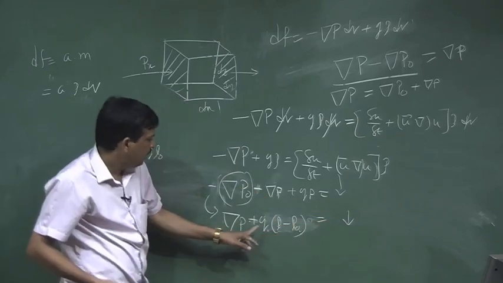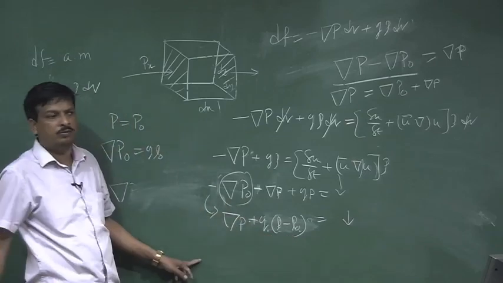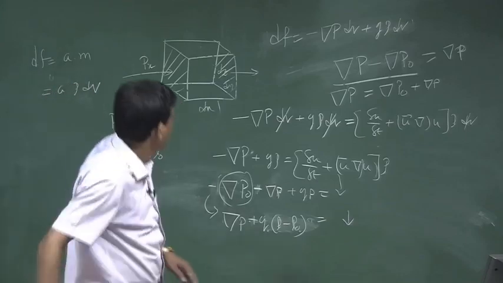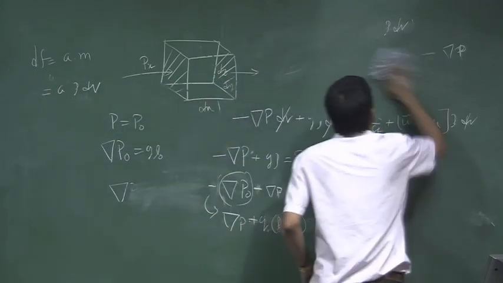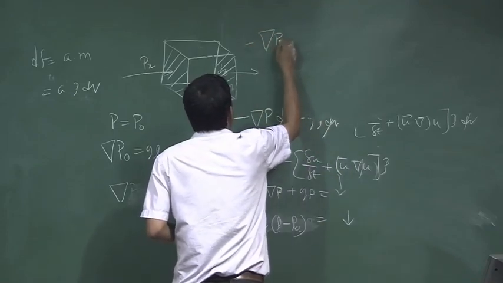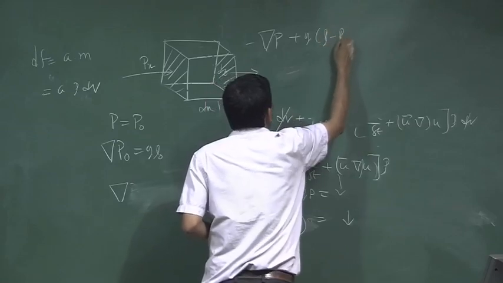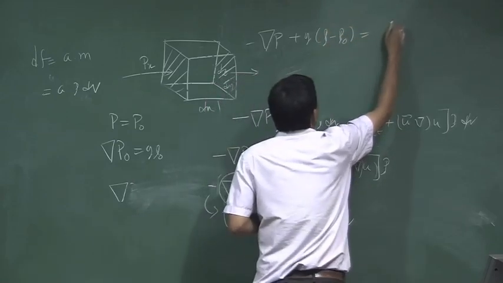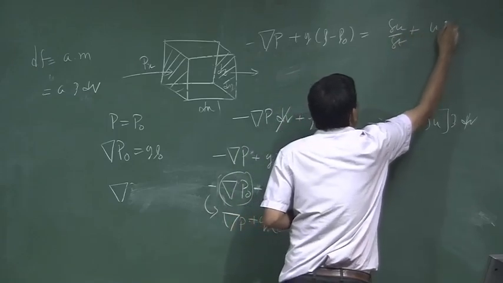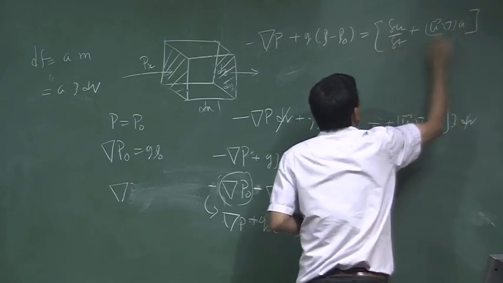Okay. Now, g into rho minus rho 0, if I divide both sides by rho 0, what will happen? Both sides I divide, so I can write that my equation becomes minus acoustic pressure plus g into rho minus rho 0 is equal to del u by del t plus u divergent u into rho.